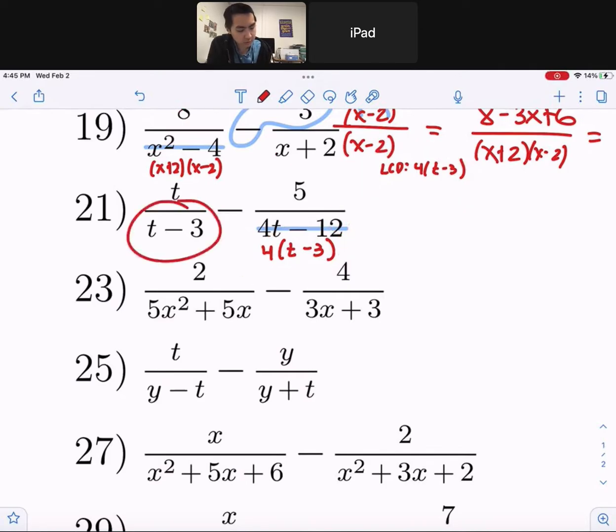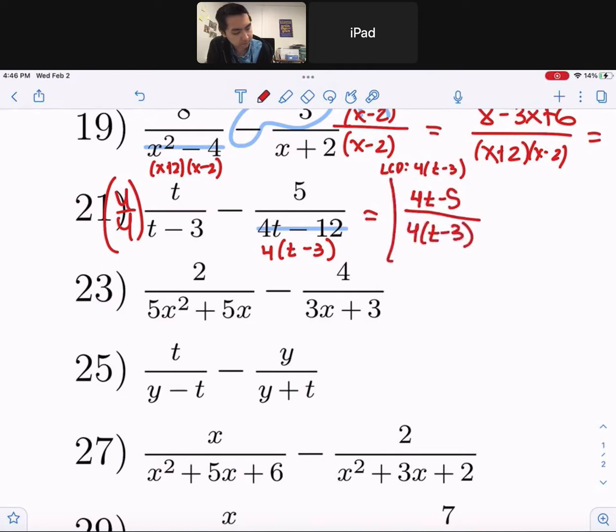This one, in order to get that to match up with that, we need to multiply top and bottom by 4, because then both of these would match. So we get 4t minus 5 all over 4 times t minus 3. And that will be your final answer.